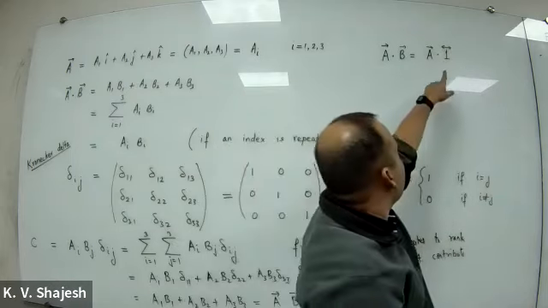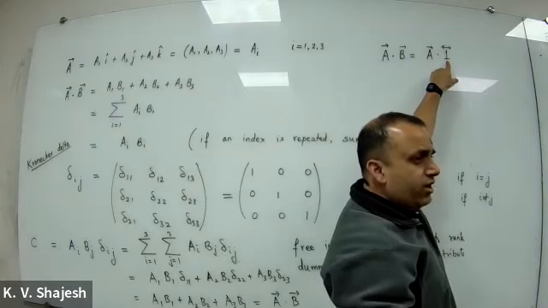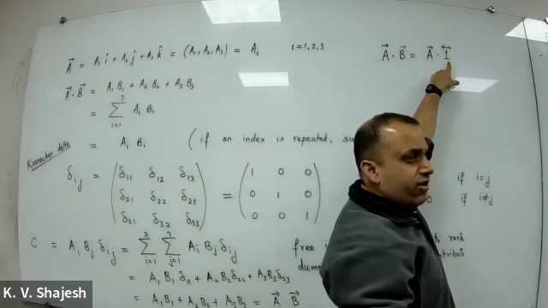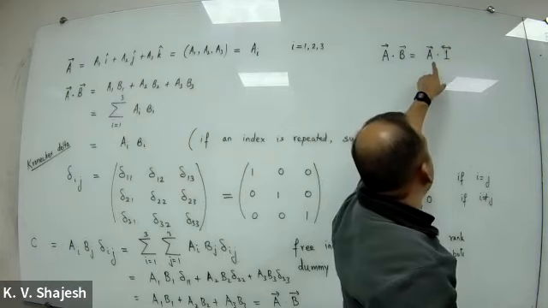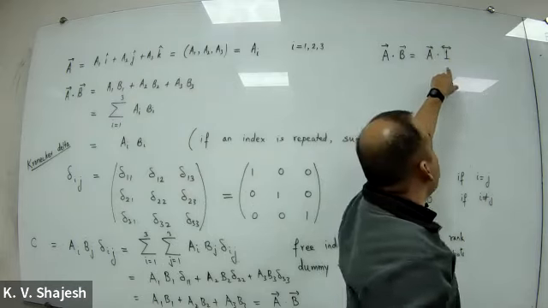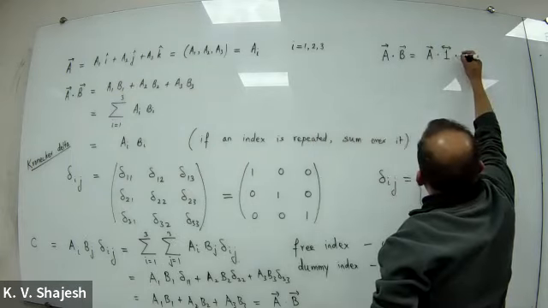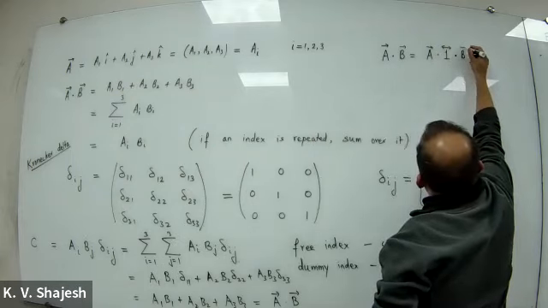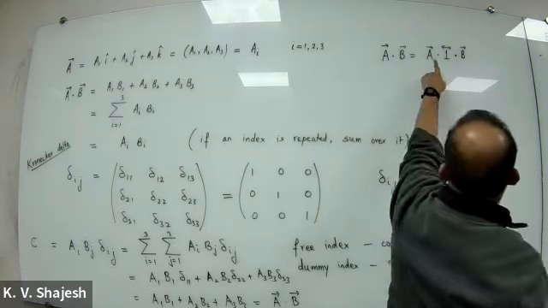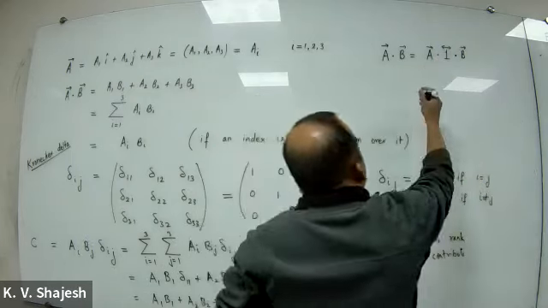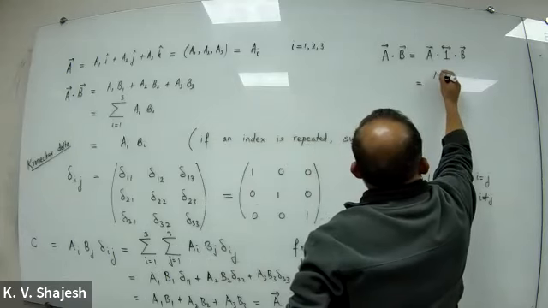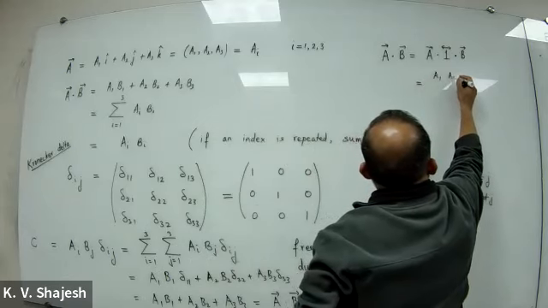Okay, so this is a notation now. This is a Kronecker delta in matrix notation. It's an identity matrix. This is a vector, identity matrix, and a vector again. It is understood that this has to be a transpose of a vector, right? If you think of it as a matrix, so this is also equal to A1, A2, A3.